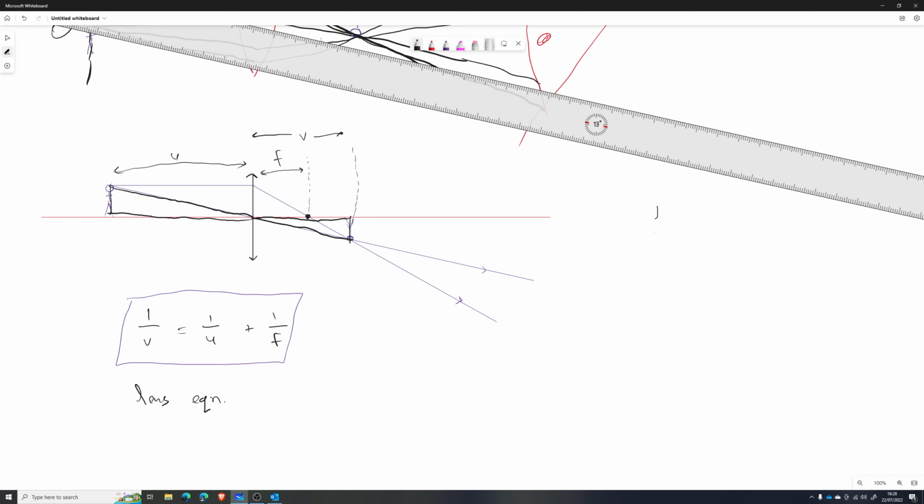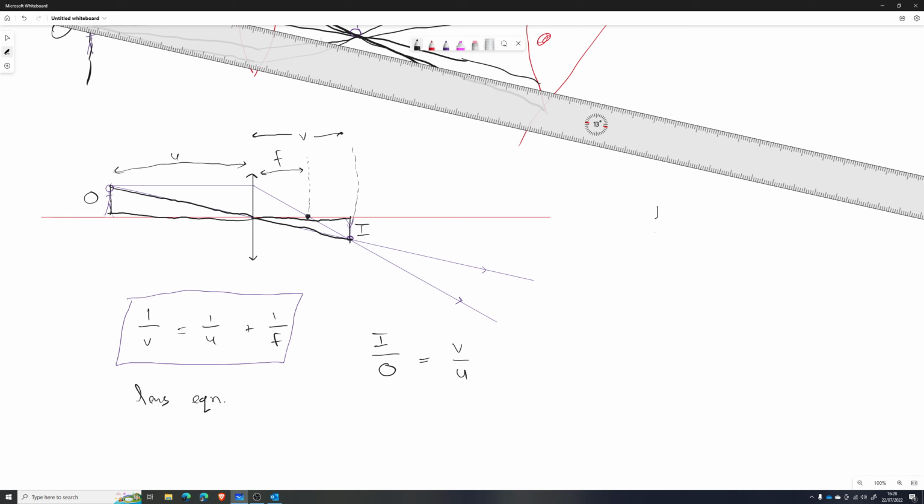Therefore, if I call the height of this object O, and the height of the image I, I could say that the height of the image divided by the height of the object, which is generally referred to as the magnification, must be equal to v over u. That must also be true. Okay.